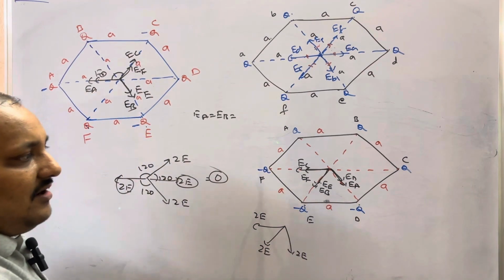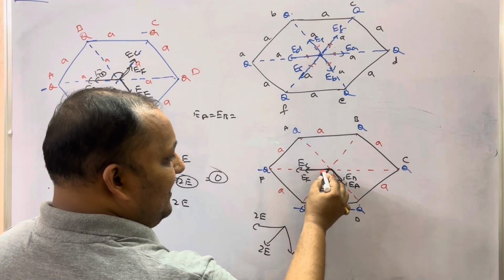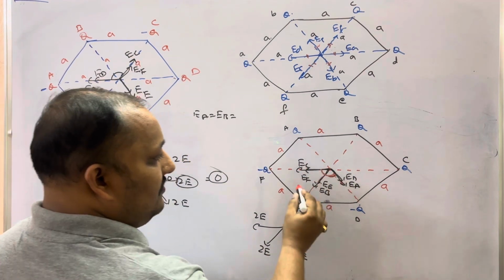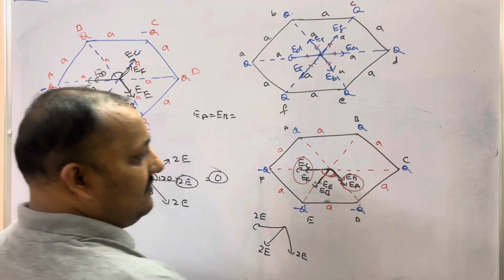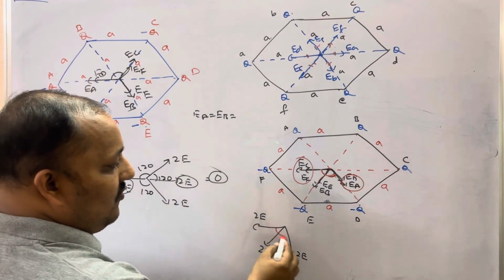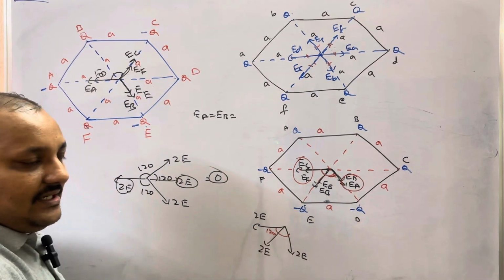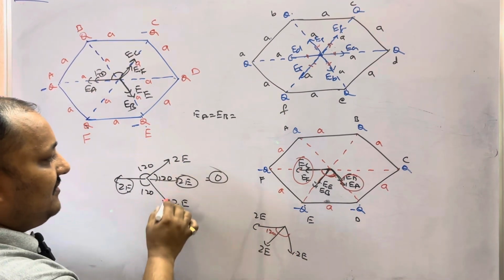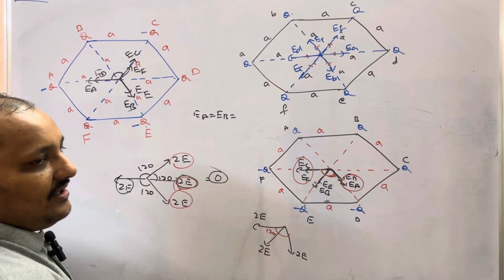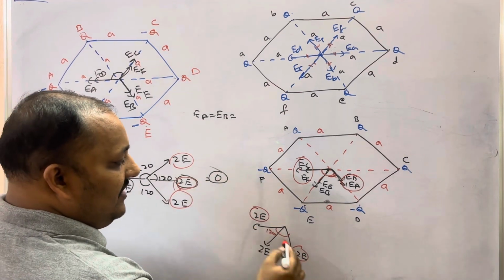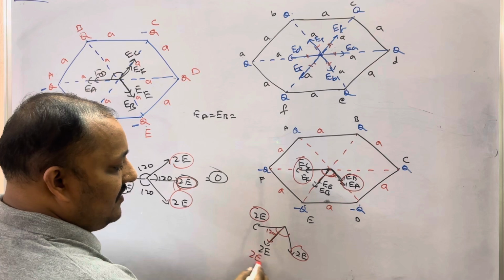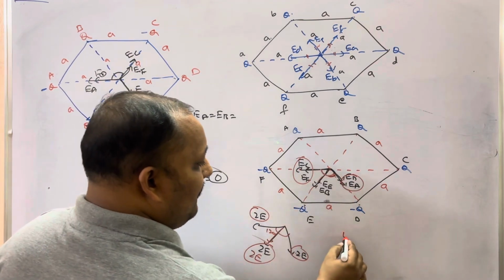Now, what is the angle between these two? This one and this one. 120 degrees, correct? Whenever it is 120, 2E, 2E, you get 2E. Here also 2E, 2E, you will get 2E. So the final answer is 4E.